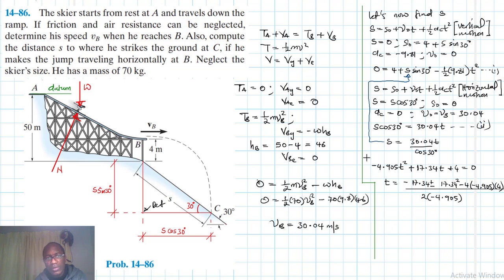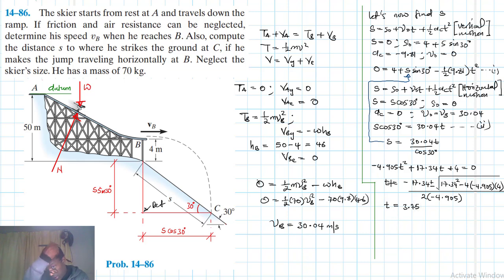Let's work this out. Therefore our t is equal to the square root of 17.34 squared plus 4 by 4.905 by 4, divided by that. Our t is equal to 3.75.